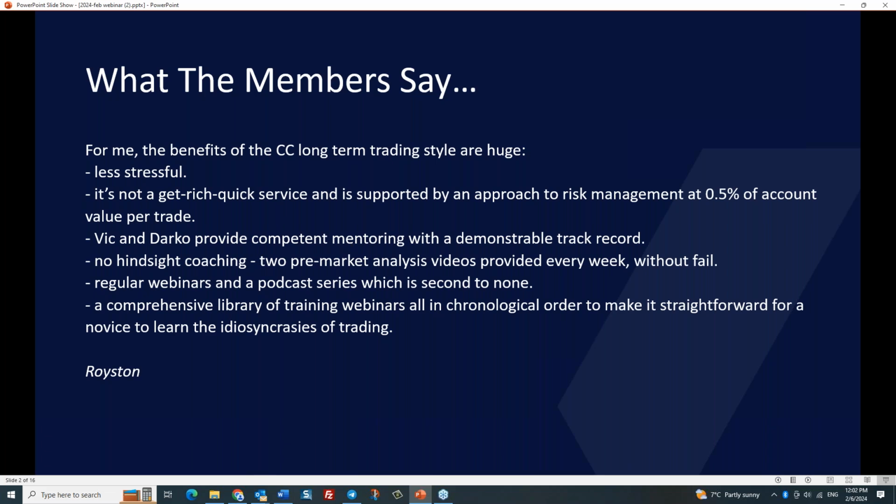and what people think about it. So Royston here says, the benefits of long-term trading style are huge. Less stressful, it's not a get-rich-quick service, and is supported by an approach to risk management at 0.5% of account value per trade. That's what we recommend. Vic and Darko provide competent mentoring with a demonstrable track record, no hindsight coaching, 2 pre-market analysis videos provided every week without fail.